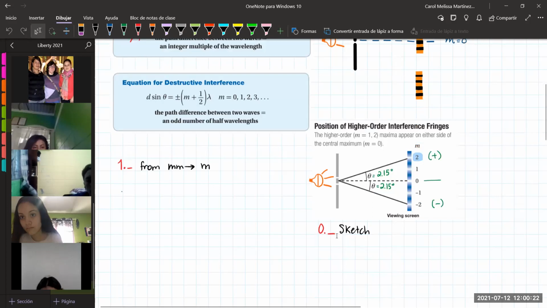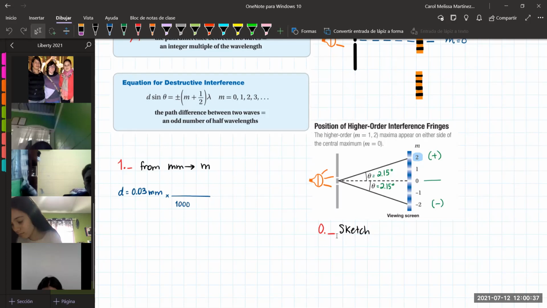So D, which is 0.03 millimeters, we're going to convert to meters. So we're going to multiply times the conversion factor that says that in 1 meter you have 1000 millimeters.